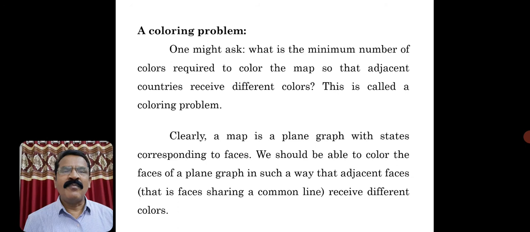And what is the map? A map is nothing but a plane graph. The planar graph, embedded in the plane, is called a plane graph. So, as I said earlier, the concepts of planar graphs, the plane graph and the faces, we are using all those ideas in this topic.